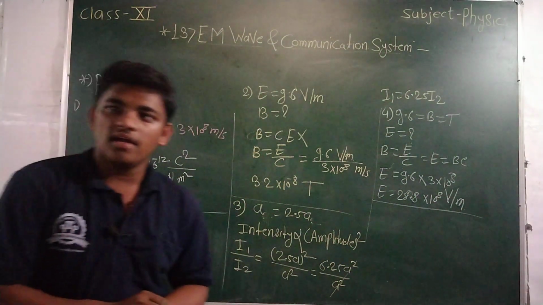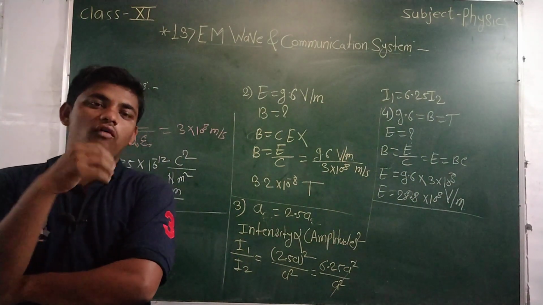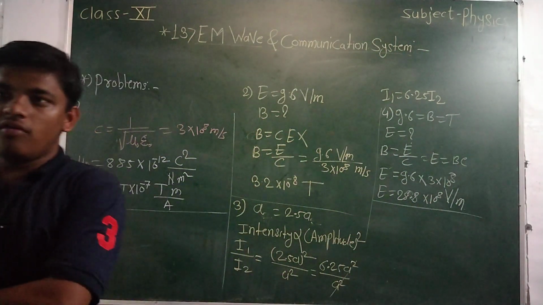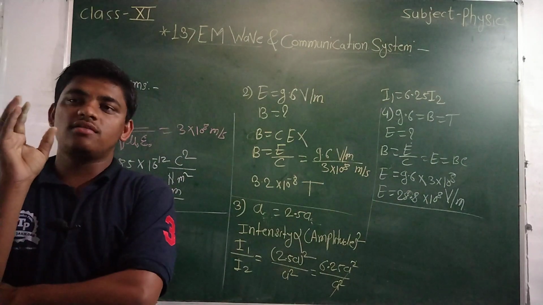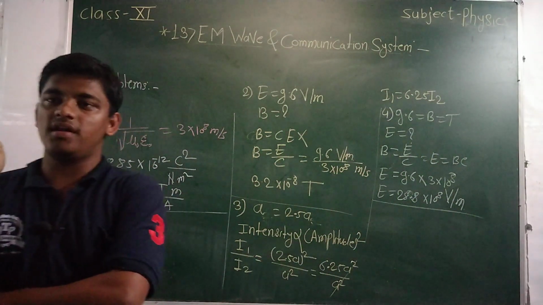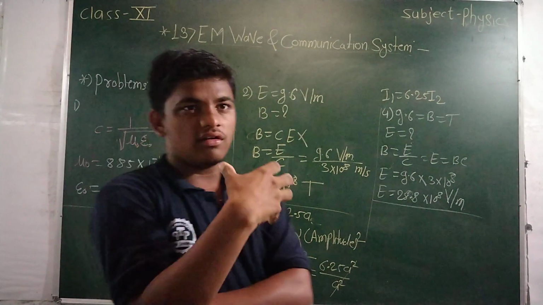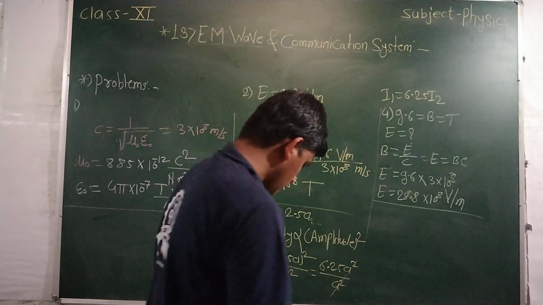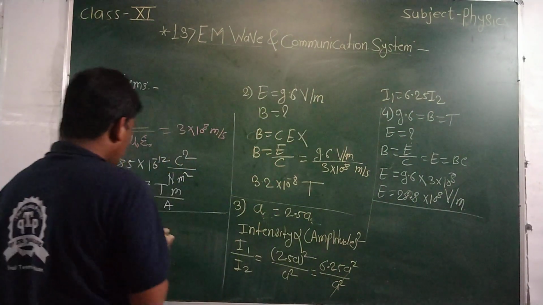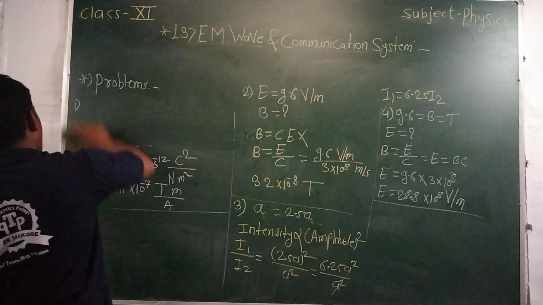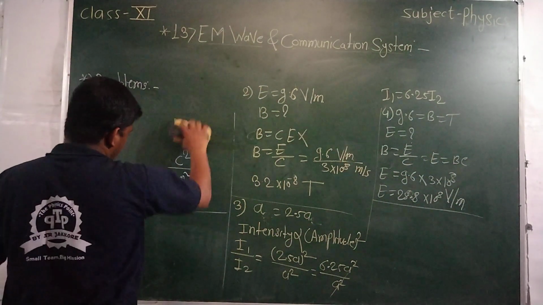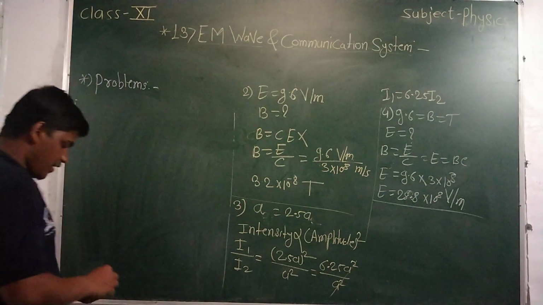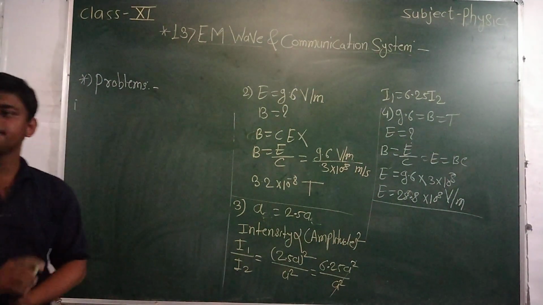Then calculate the peak value of the electric force acting on the particle, where the particle is 5 microcoulomb, and the traveling speed of the particle is 5 into 10 raised to 5 meters per second.